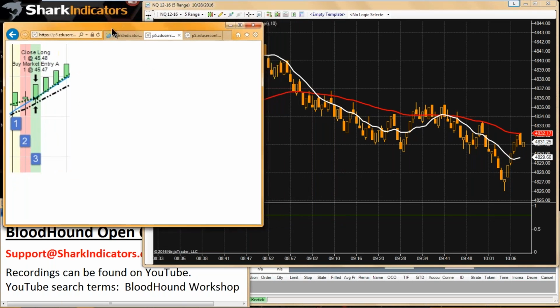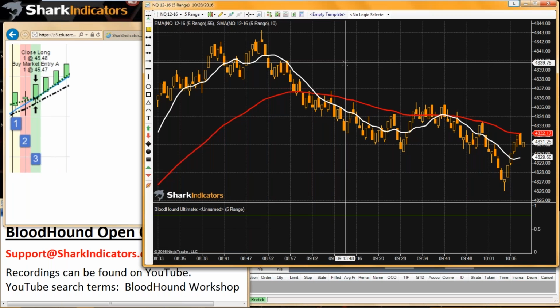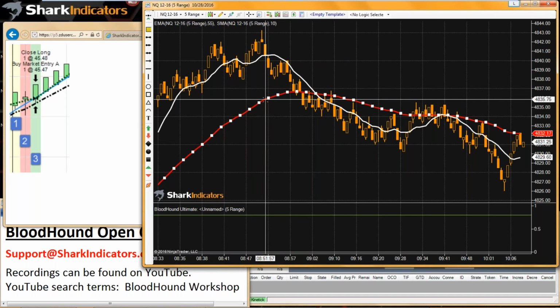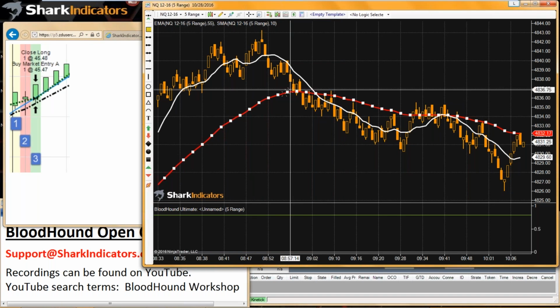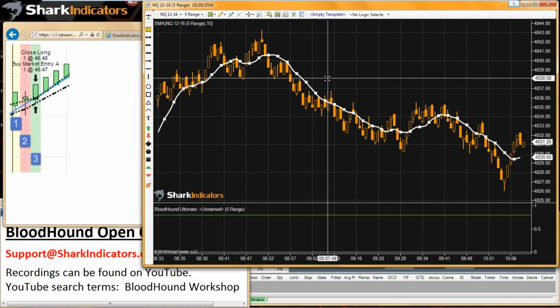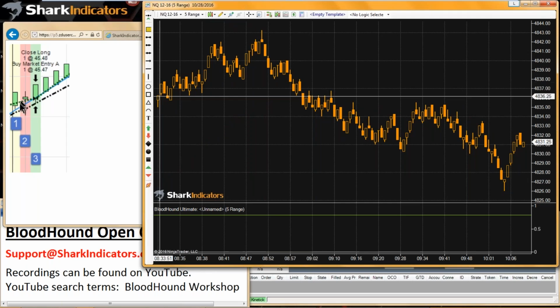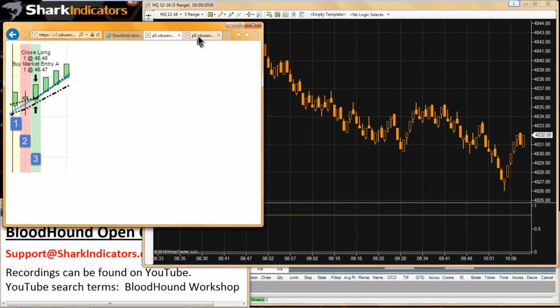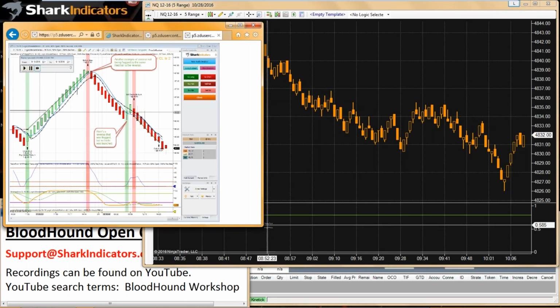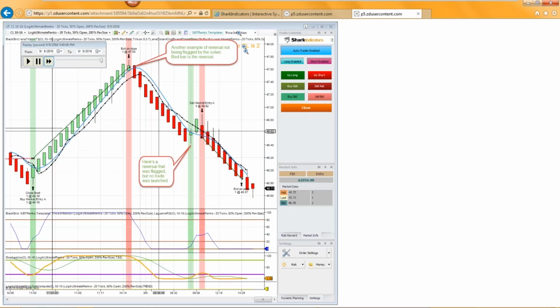So I thought I would take this opportunity to show you another little tip about using the inflection solver here. I think this bar type is a pure logic bar type, if I remember correctly. Actually, here we go, I think I got another screenshot here. Yeah, this is a pure logic bar type.